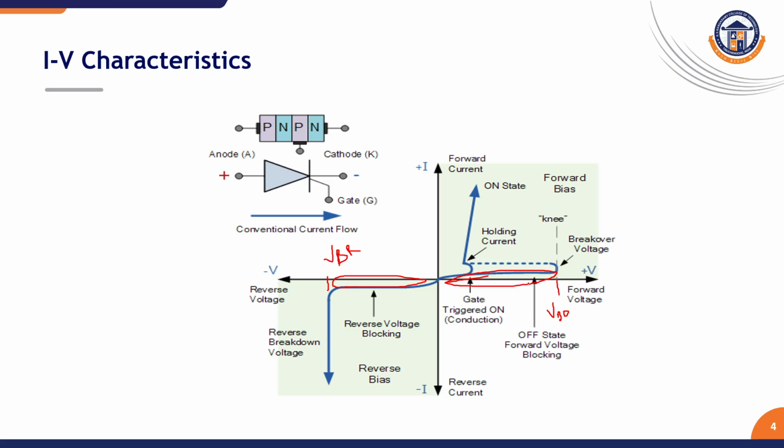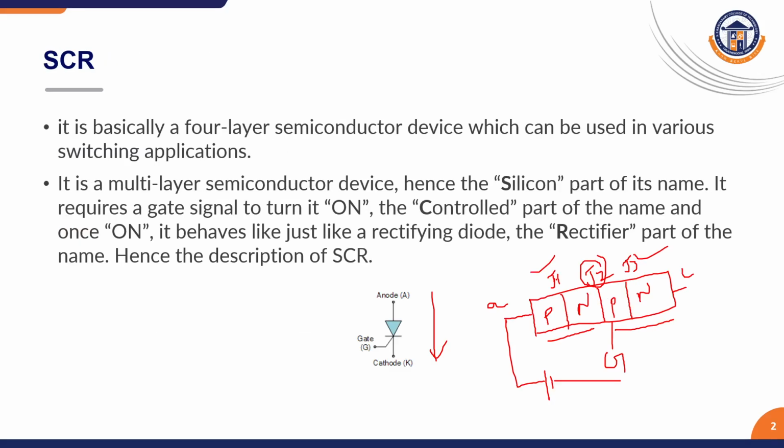So, the forward conduction mode. In this mode, SCR conducts current from anode to cathode with a very small voltage drop across it. SCR is brought from forward blocking mode to forward conduction mode by turning it on, either by exceeding the breakover voltage or by applying a gate pulse between the gate and cathode.